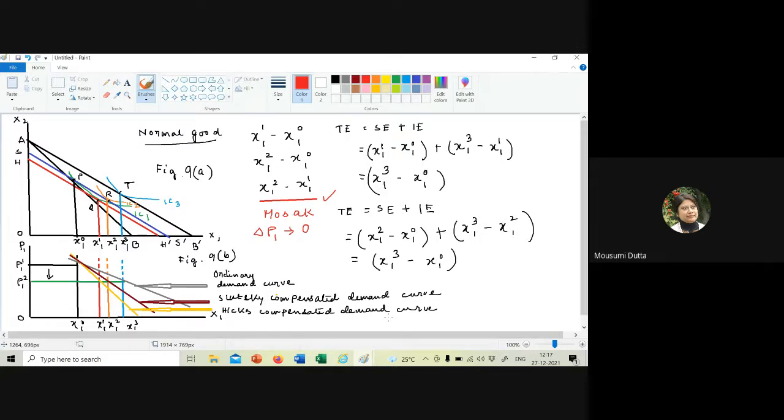Done? Yes, ma'am. And the fifth one is the difference between Hicks and Slutsky, within bracket x12 minus x11. So two income effects, two substitution effects, and the difference between Hicks and Slutsky all go to zero.